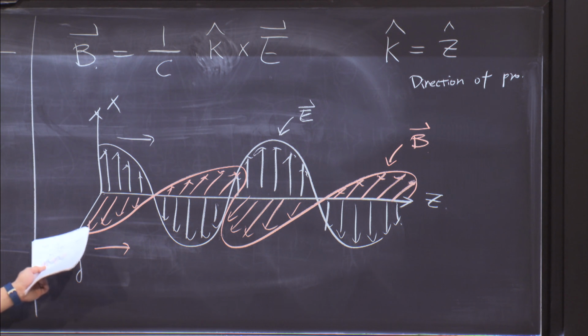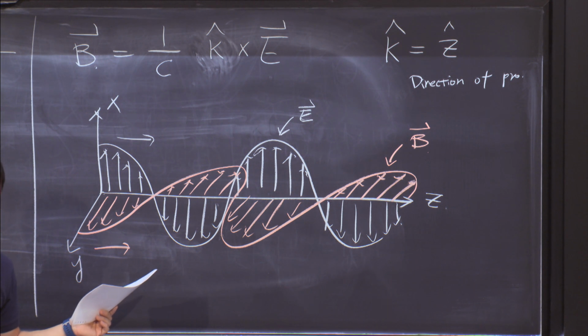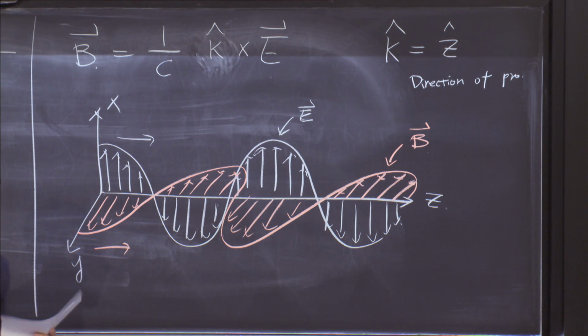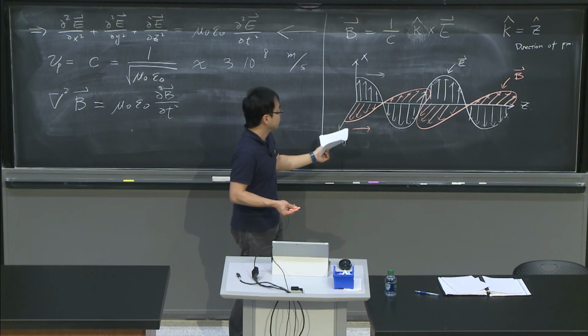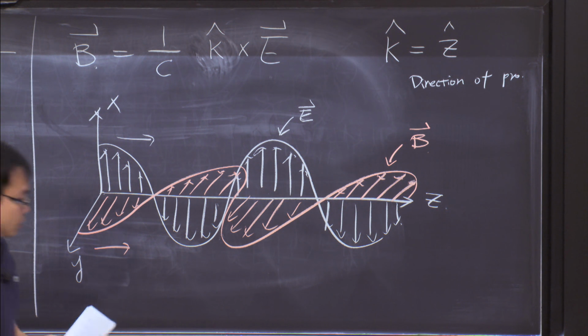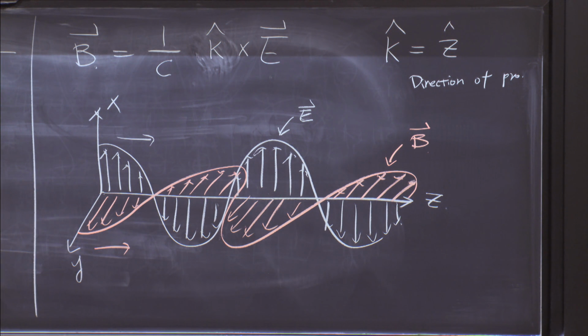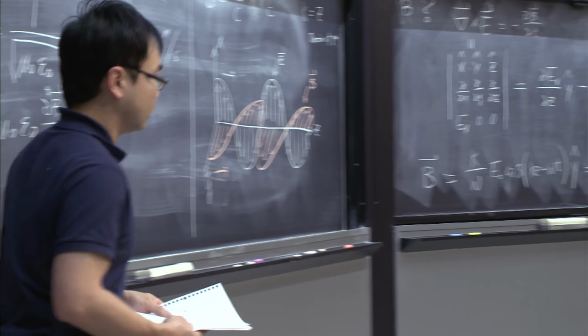And also, you can see that as I plotted here, there's no phase difference between the electric field and the magnetic field. Okay? This is not always the case, and we will show an example probably later in the lecture.